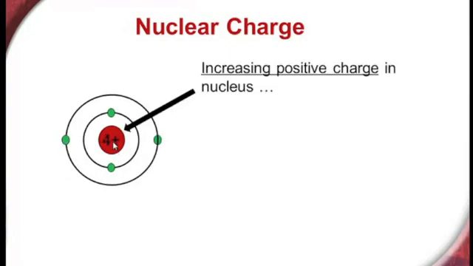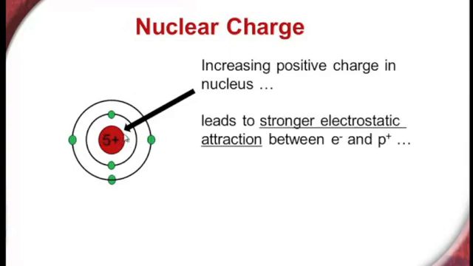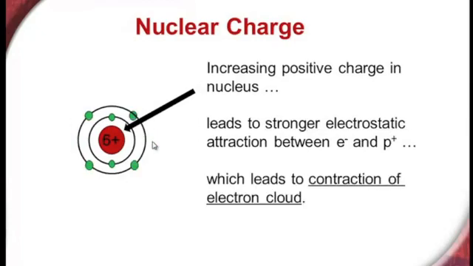And as you increase the charge, it's analogous to increasing the strength of the magnet. So the more positive charge that you pack into that small nucleus, the more strongly it's going to pull on the electrons, and that leads, as I say, to contraction. The radius of this atom is going to decrease, right?